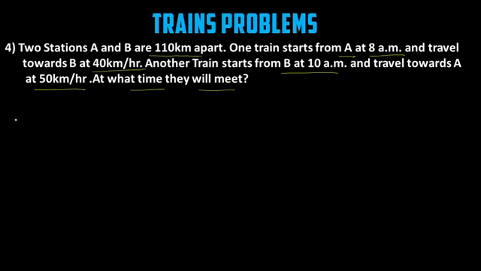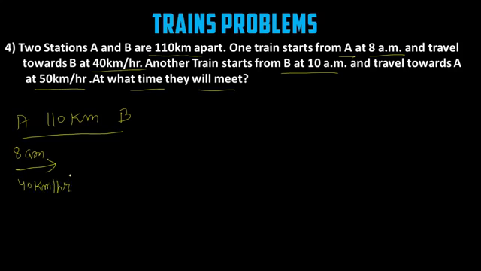So in this question it is given that two stations A and B are 110 km apart and one train starts from A at 8 am towards B at the speed of 40 km per hour, and another train starts from B at 10 am towards A at the speed of 50 km per hour, and we have to find the time taken by the trains to meet each other.